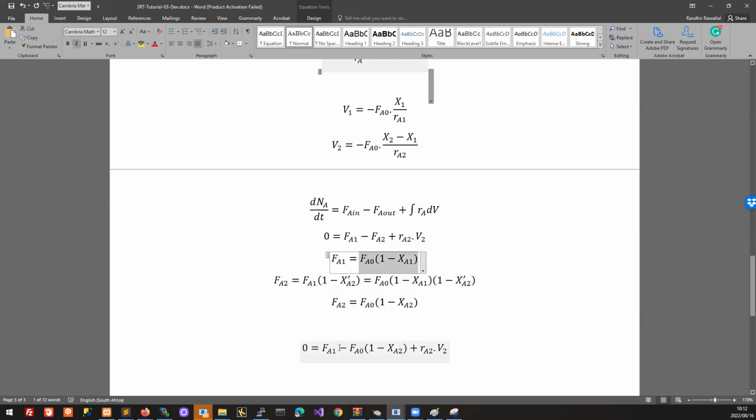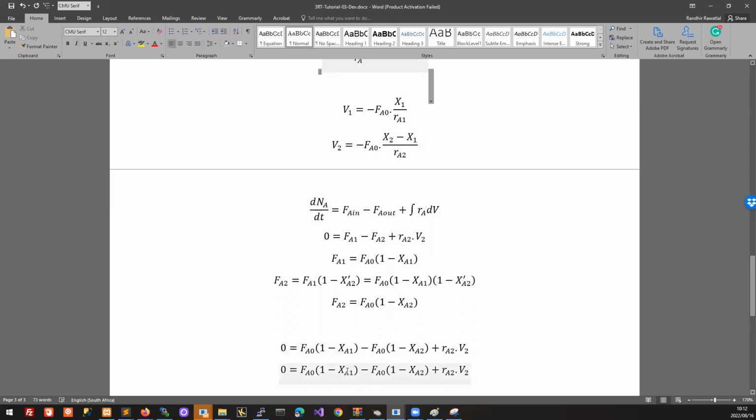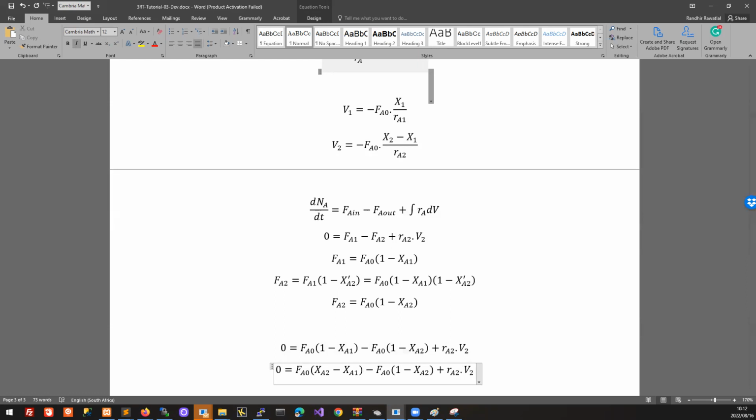You can group with FA0 here and add these two together. So you can say FA0 times, the 1 minus 1 cancel, and it becomes a plus XA2 here. So this is XA2 like that, and that's all then in one term.